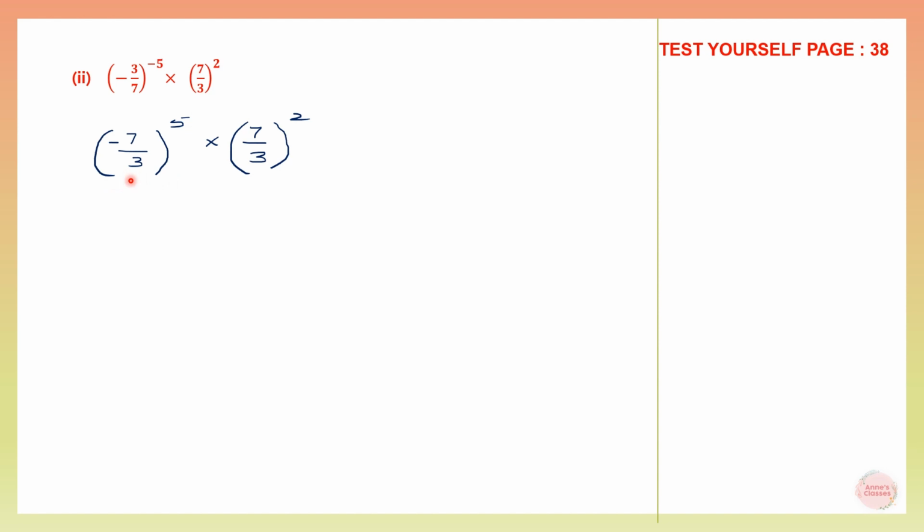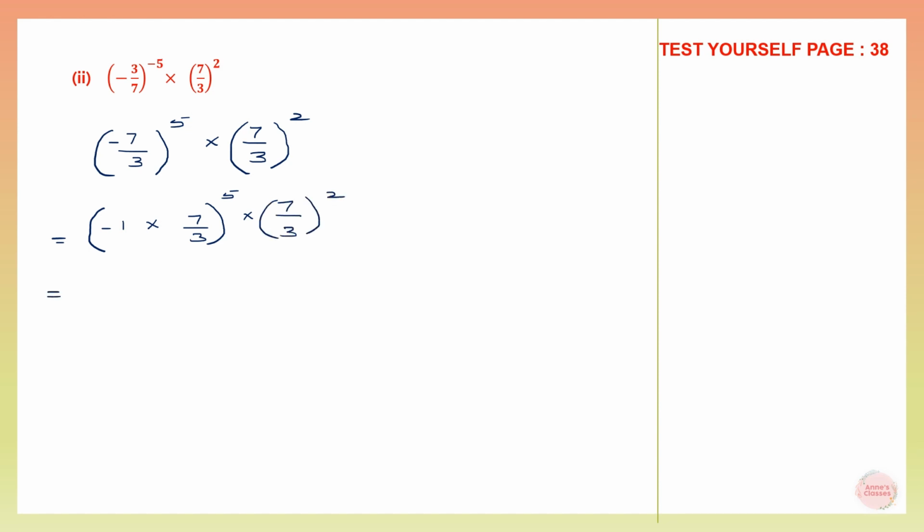Now this one, to make it positive like this, we have to remove the minus sign, isn't it? So what can we do? We can write it this way. We can write it as minus 1 into 7 by 3, the whole thing raised to the power of 5, into, this remains the same, 7 by 3 raised to the power of 2.